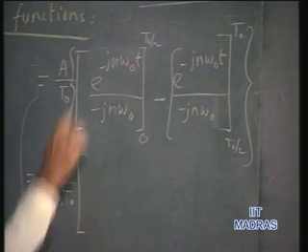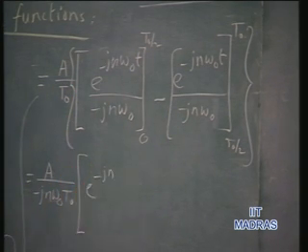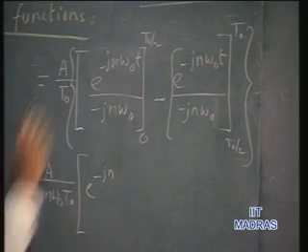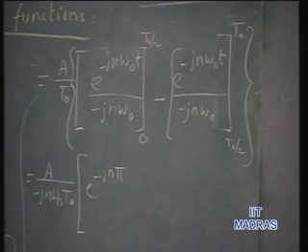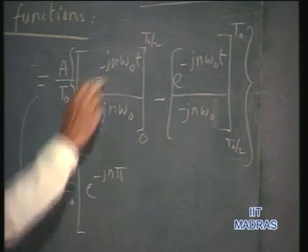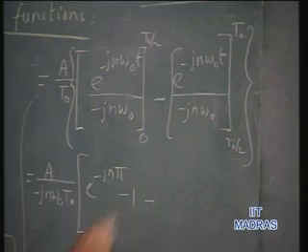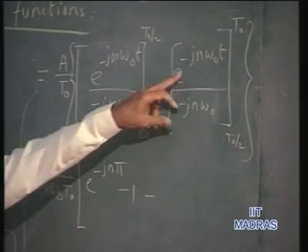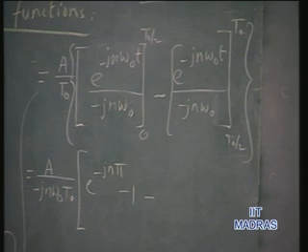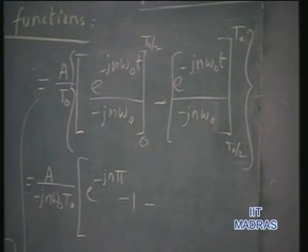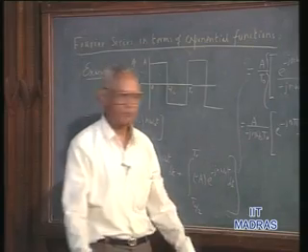If you evaluate this, at the upper limit it will be e to the power of minus jn omega naught T naught upon 2, which is pi, so minus jn pi. At the lower limit it is 1, so minus 1. And minus, at the upper limit, omega naught T naught is 2 pi, therefore e to the power of minus jn 2 pi is equivalent to 1 because it's an integral multiple of 2 pi.